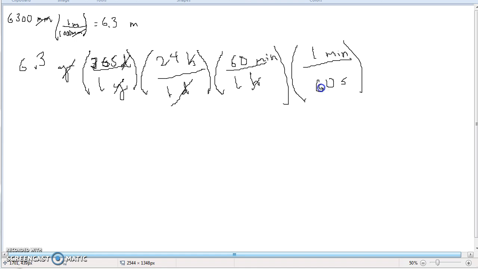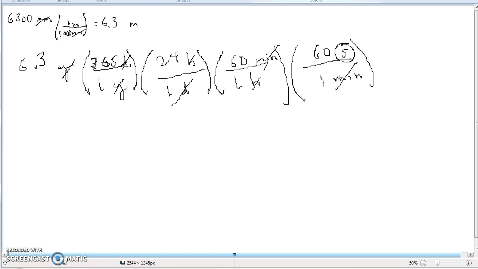Well, no, because I want the answer to have seconds on top. But minutes are on top, so that's wrong. I need to flip this around so that 60 seconds are on top and 1 minute is on the bottom. When 1 minute is on the bottom, I can cancel out the minutes.